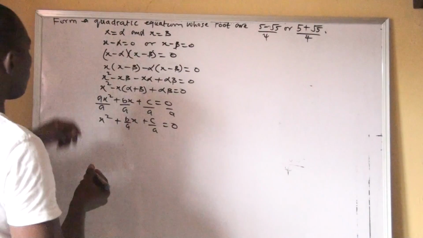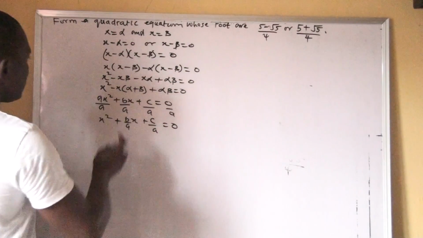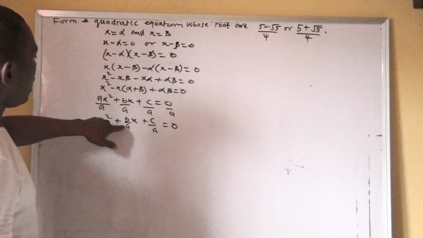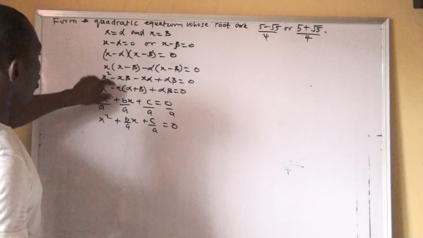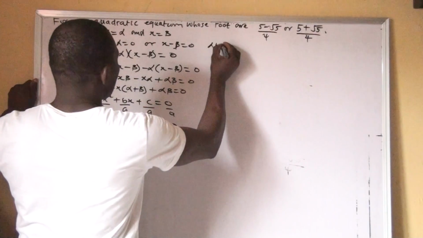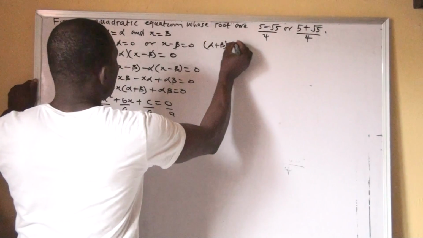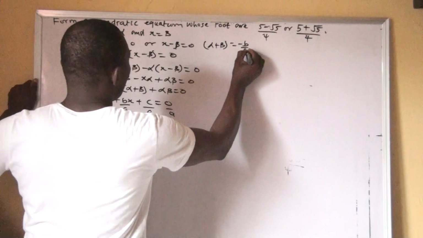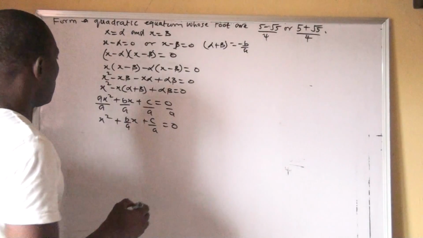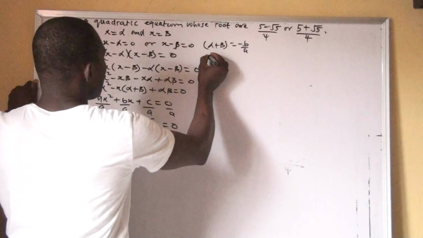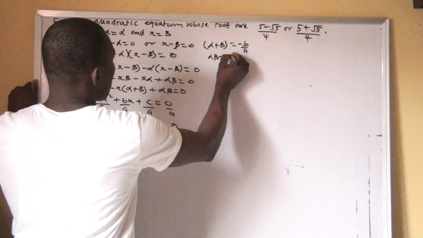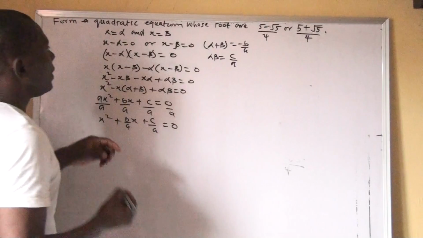From here, if we make a comparison, this is the sum of the roots. If we compare, we will see that alpha plus beta, the sum of the roots, equals minus b over a. We have already derived that in the previous video. Then we also have that the product, alpha beta, is just c over a.